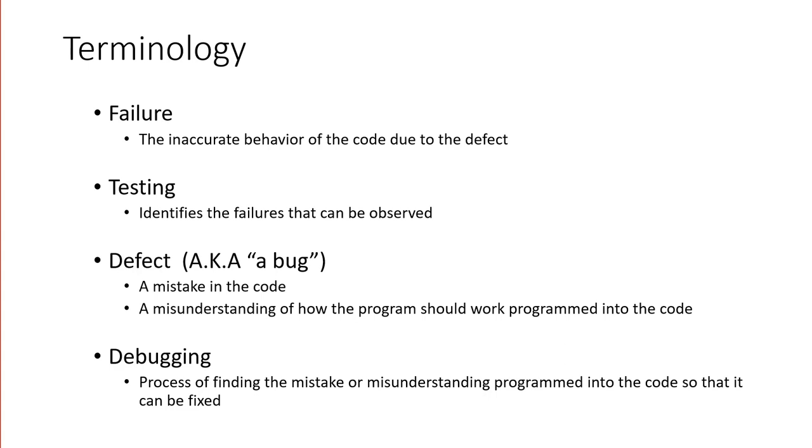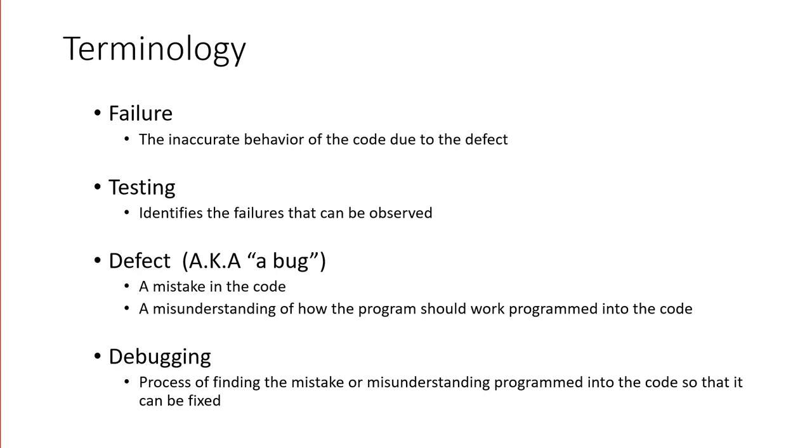When we haven't found those failures, or if we haven't fixed those failures, that means that there is a defect or a bug in the code. So that defect is the mistake that's in the code. You were trying to program something and you did it incorrectly. There's some mistake there.